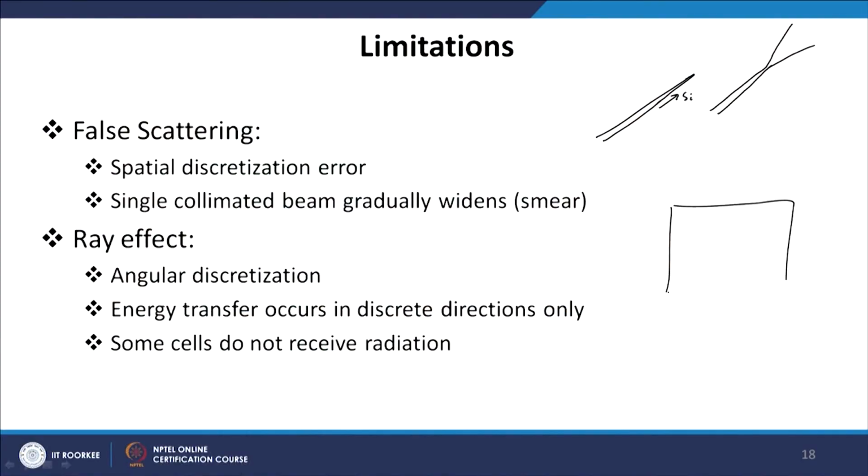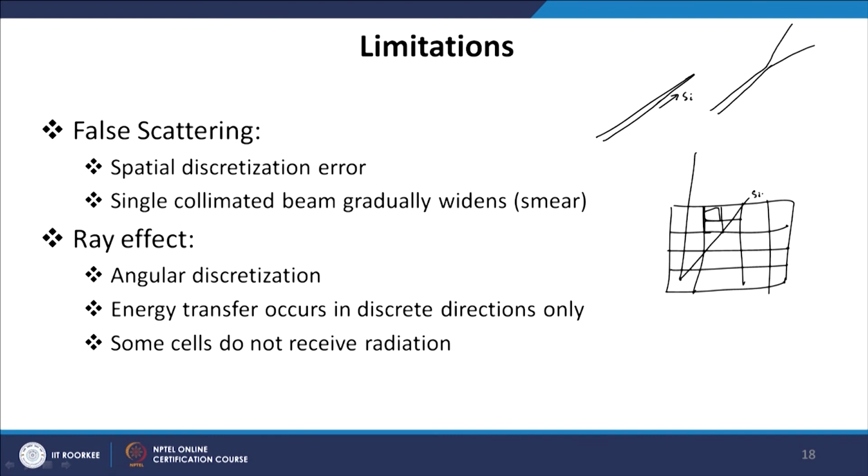Similarly, we have discretization error in angular direction. In angular direction we have used a finite difference method and there are only discrete directions. So, let us take a 2-dimensional case. We are interested in finding how the radiation is transferred from one cell to another. Let us say there is one ray we are modeling in a direction SI. Okay. So, what we see is if this region is divided into 4 cells, this cell is not touched by this intensity because it is only in discrete directions.